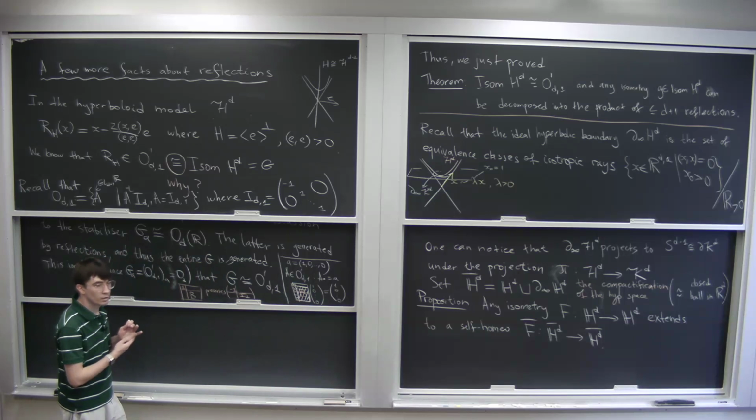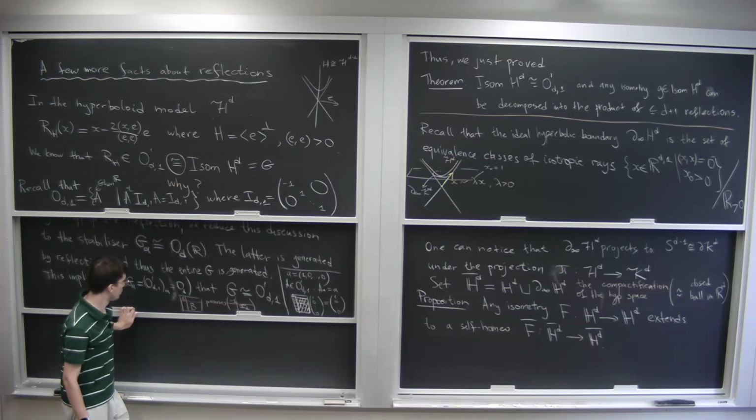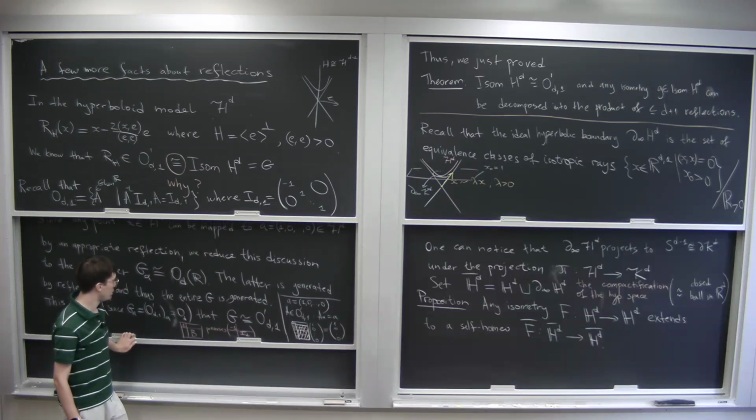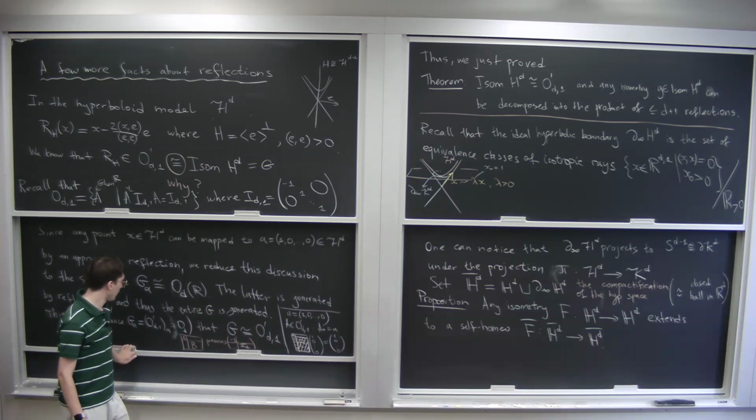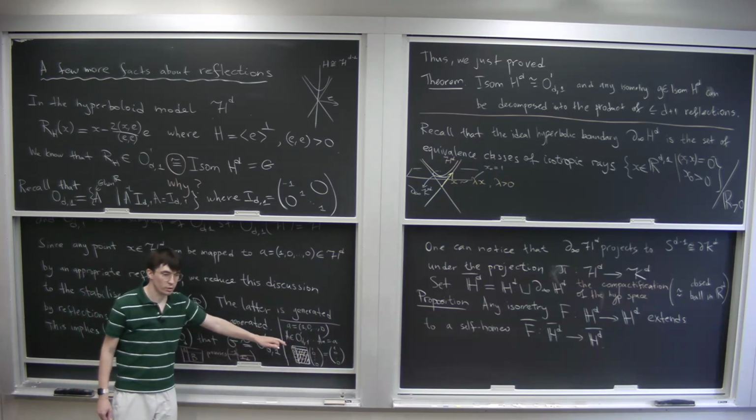Besides the description of... yes, O(d,1) has A transpose times the form times A equals the form. But O'(d,1) is just a subgroup of O(d,1), right?